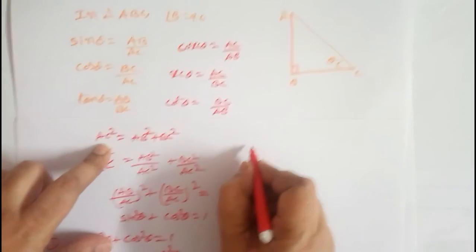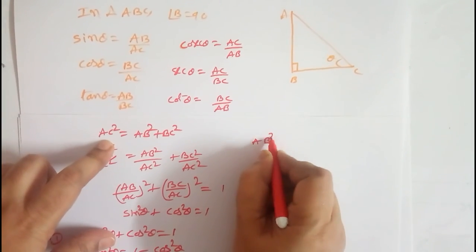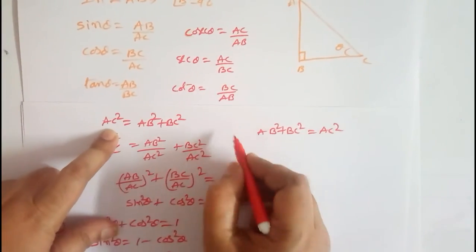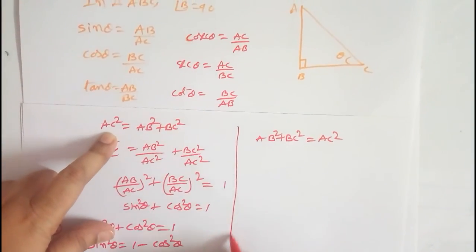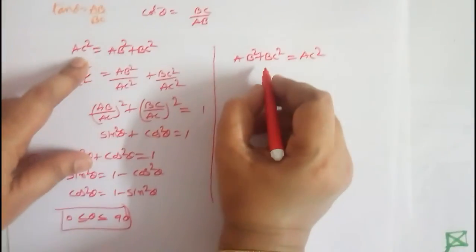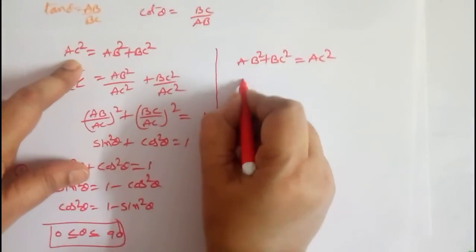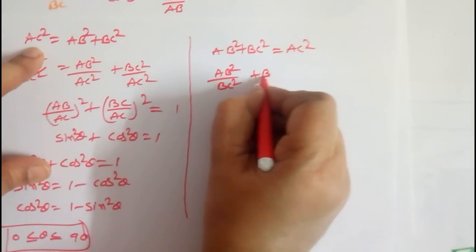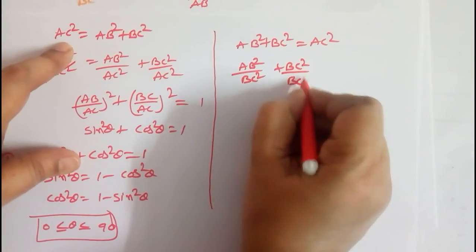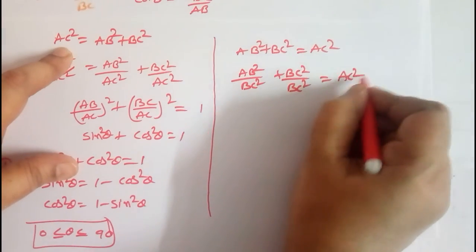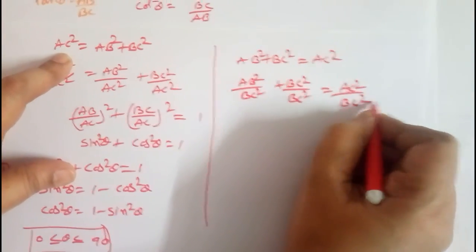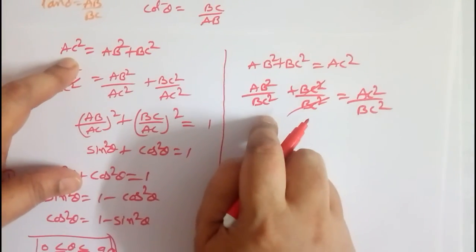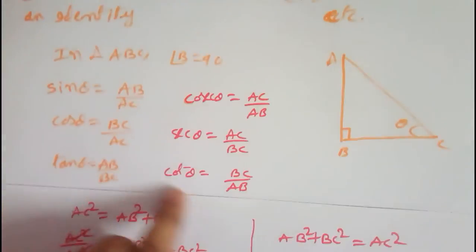Next, again consider the Pythagoras theorem. So that is AB square plus BC square is equal to AC square. Now divide throughout the equation with BC square. So that is AB square by BC square plus BC square by BC square is equal to AC square by BC square. BC square gets cancelled. So where is that AB by BC?